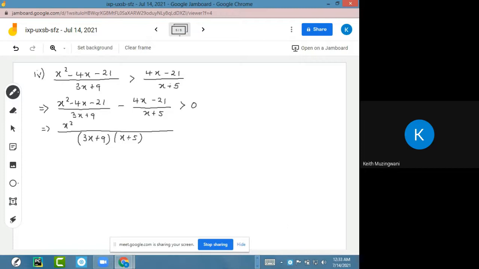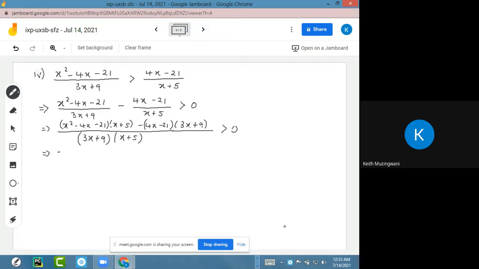So have x squared minus 4x minus 21 multiplied by x plus 5 minus 4x minus 21 in brackets multiplied by 3x plus 9 greater than 0.